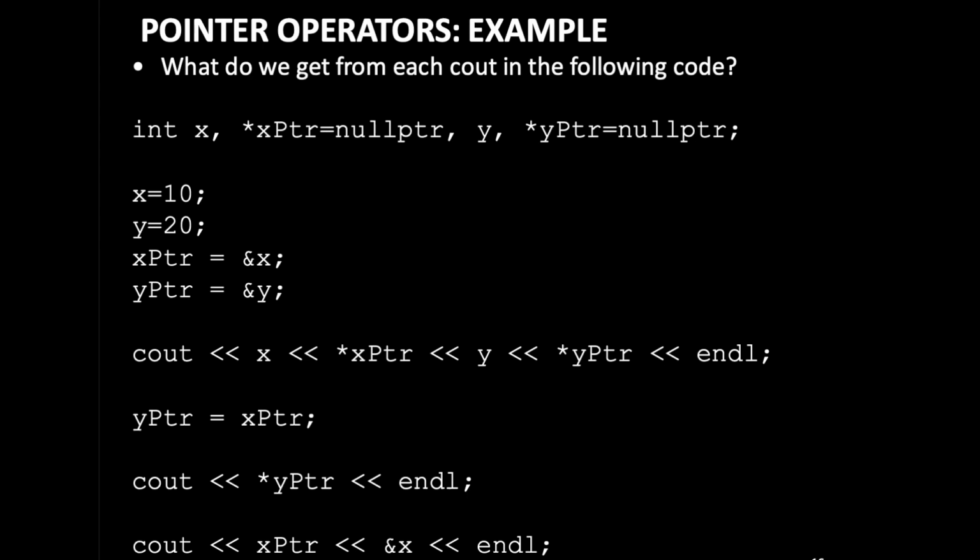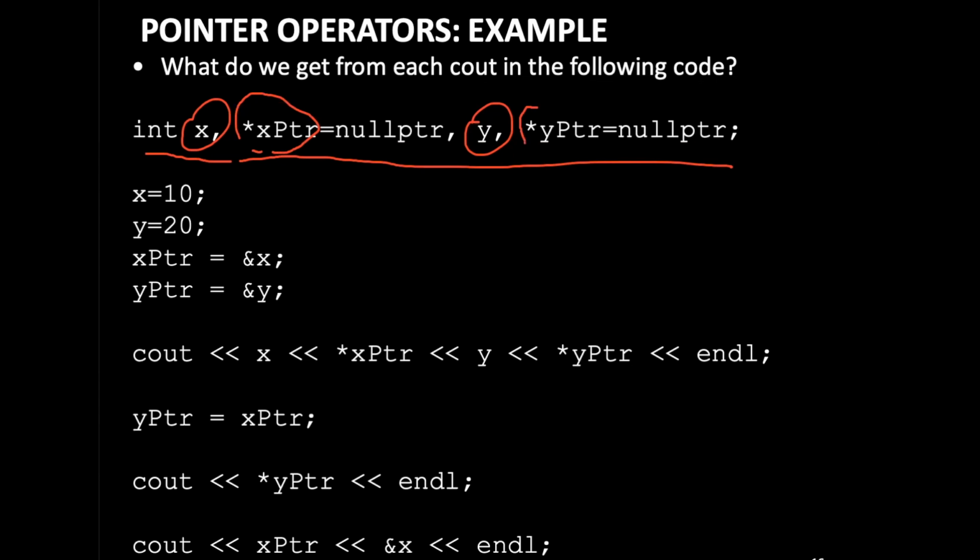Let's look at some operator examples. The very first line shows an inline view of 4 variable declarations: x being an integer, y being an integer, and xPtr and yPtr being integer pointers. The pointers are initialized to a value of nullptr, whereas the 2 integers are uninitialized.